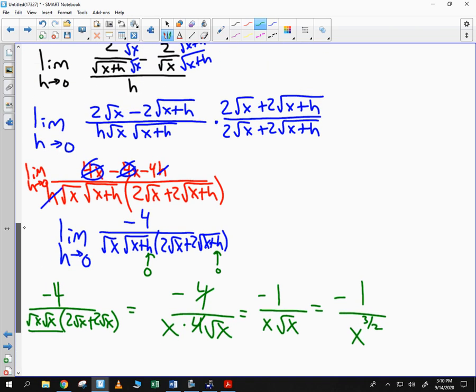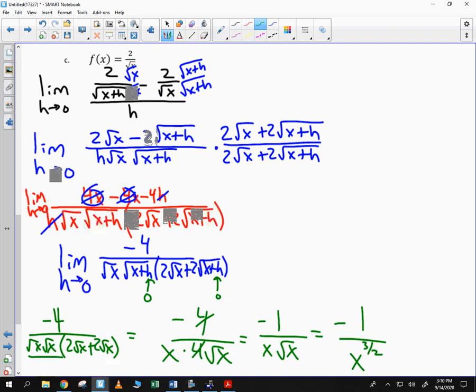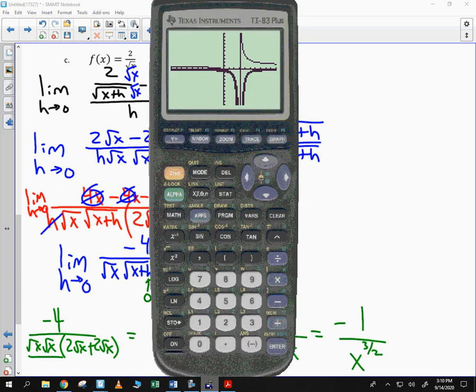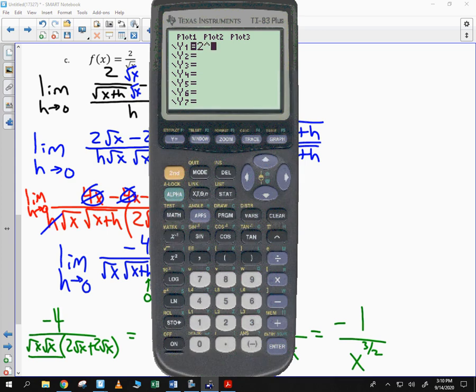Again, I love to look at the original function and its derivative and be able to compare them. I think that this is where a lot of the great learning happens. 2 divided by the root of x. So I can see that the graph is always headed down. So therefore, it's always negative.